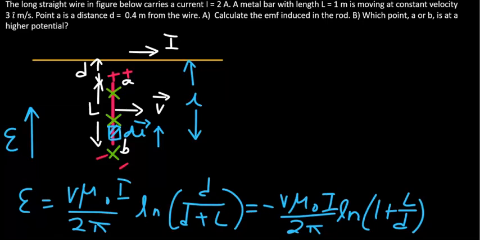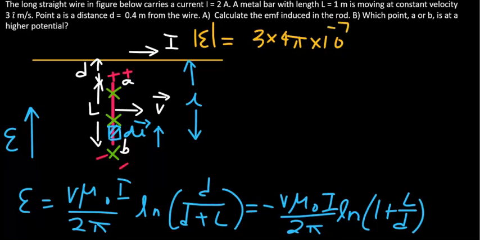So let's put in the numbers. The speed is 3. We want to calculate the magnitude of the EMF, so let's leave out the negative sign. Mu naught is 4 pi times 10 to the power minus 7.